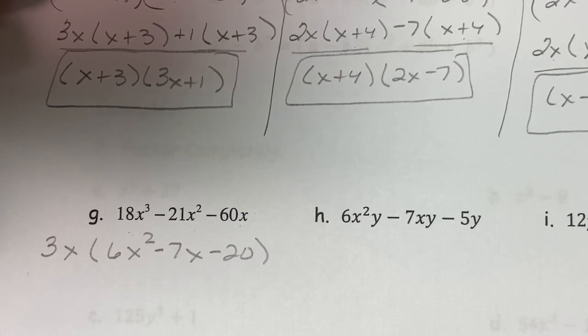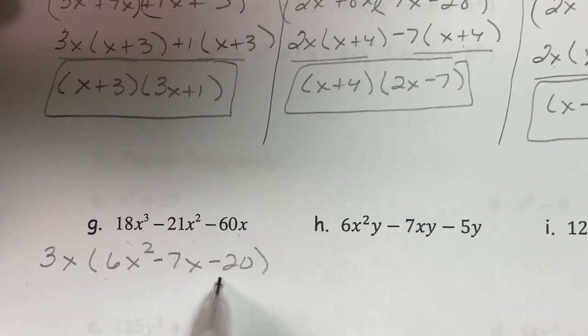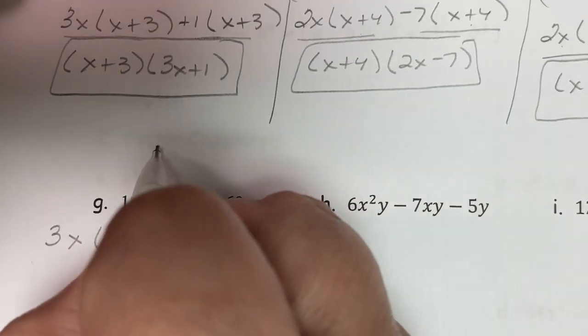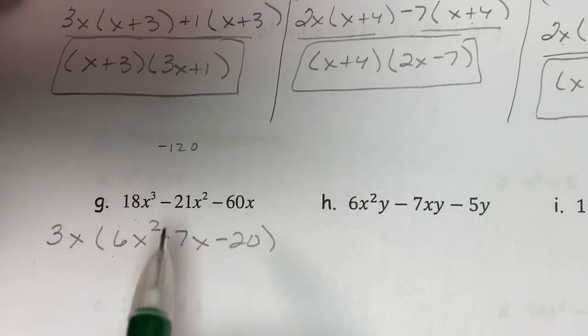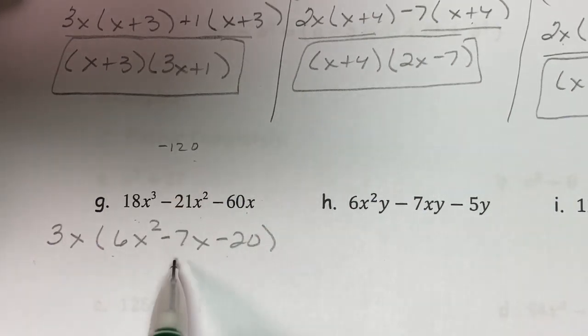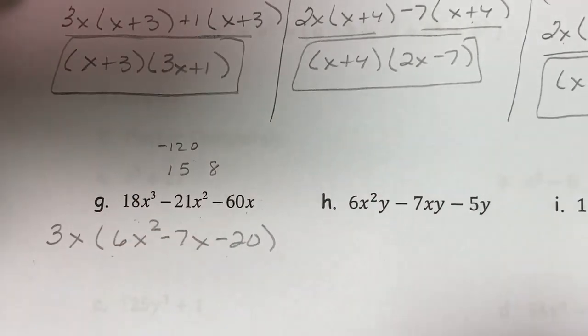So again, at this point, I would pause the video, finish this off, and come back. So if I multiply 6 times negative 20, that's going to give me negative 120. So let's see, I need to find two numbers that multiply together to get negative 120 and add together to get negative 7. I'm thinking it's going to be 15 and 8.